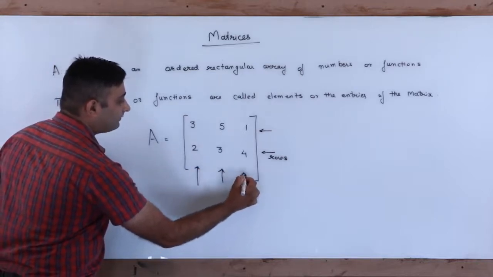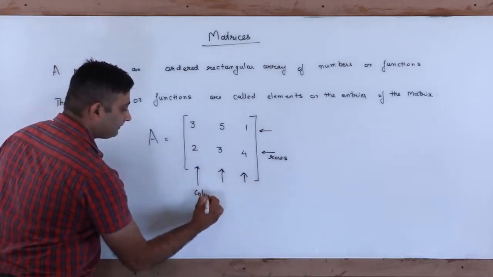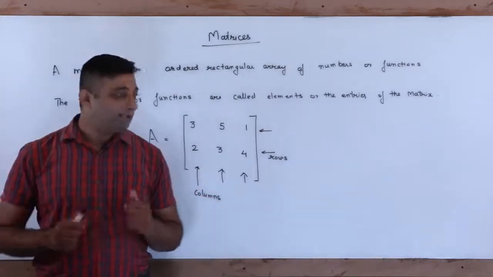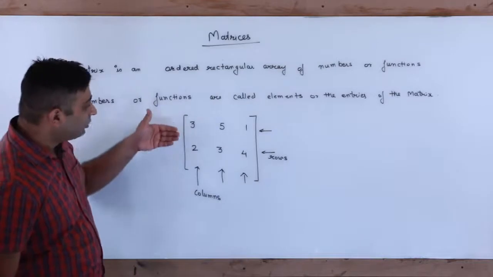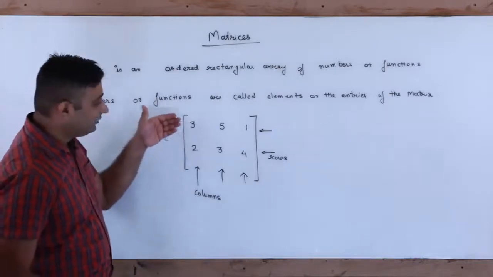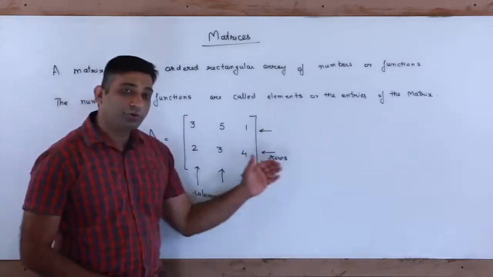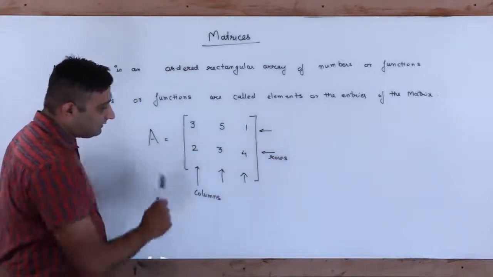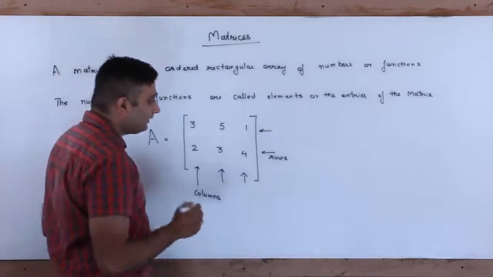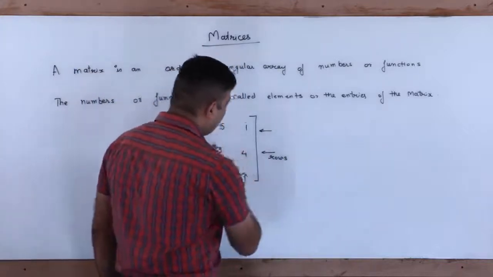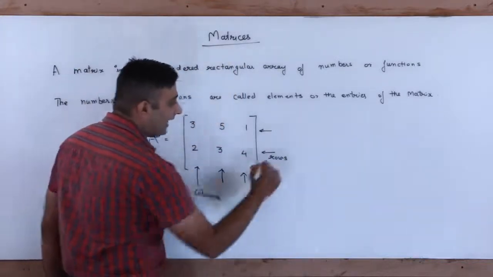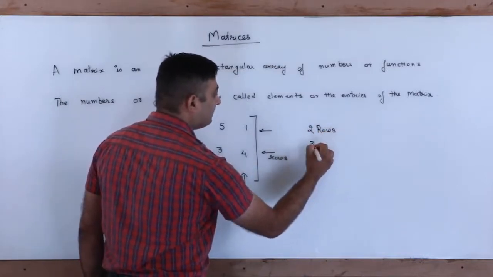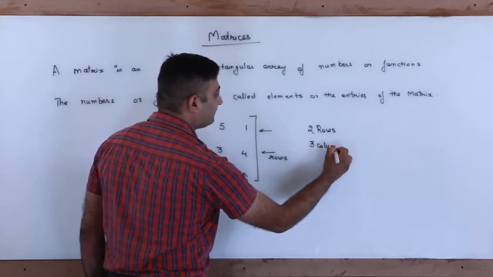These are called columns. In this we can see that there are two horizontal lines. These horizontal lines constitute rows and there are three vertical lines. These constitute columns. We can see that in this matrix we have two rows and three columns.